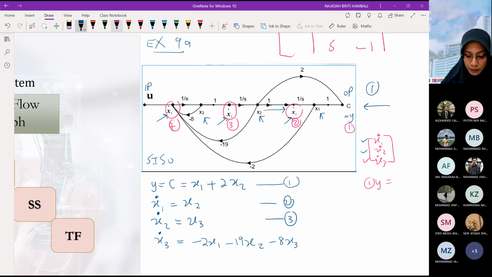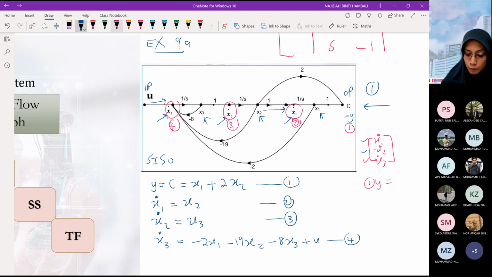And lagi, ada satu lagi tertinggal. Plus U. You kena pakai apa-apa variable yang dia bagi. Okay, so this is our fourth equation.